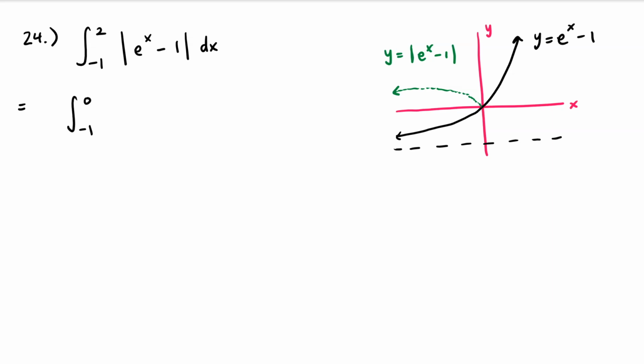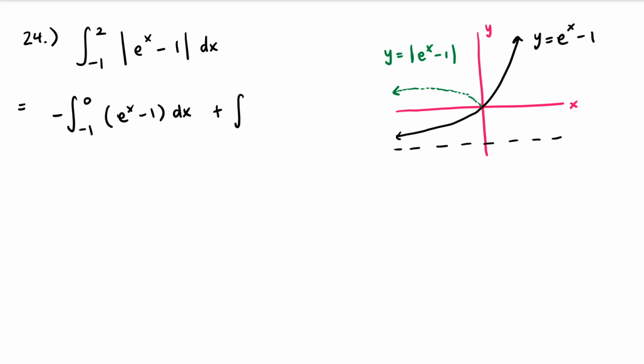the first integral runs from -1 to 0, because everything after 0, the function's output is positive. And so here, if I'm integrating e to the x minus 1 dx from -1 to 0, that output is going to be a negative number, and we want to make it positive by multiplying by -1.